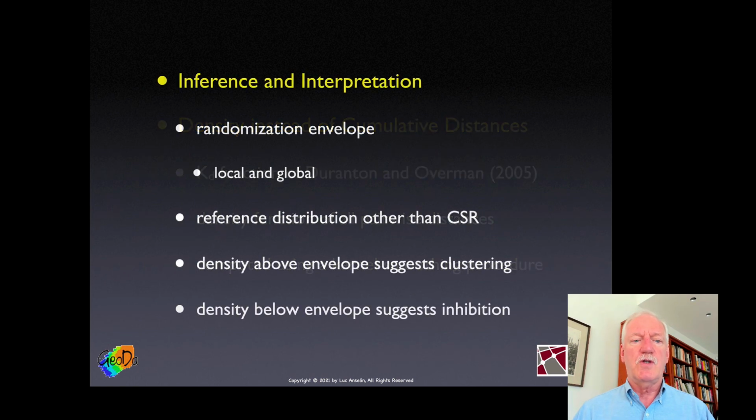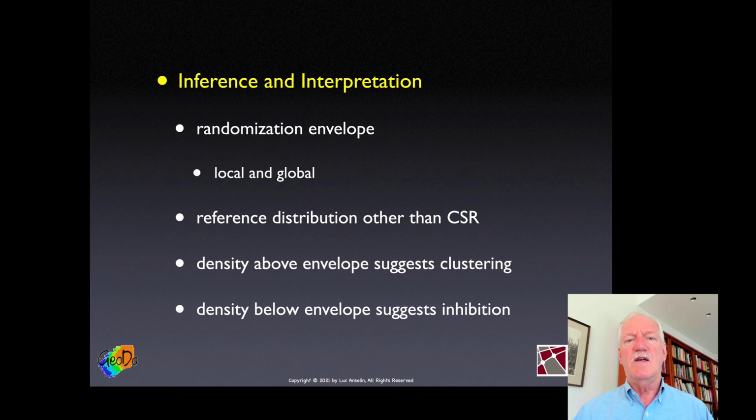This looks a little bit different, but it's again a randomization envelope. Above the envelope is clustering, below the envelope is inhibition. One thing that Duranton and Overman introduce is to use potentially other reference distributions than CSR.